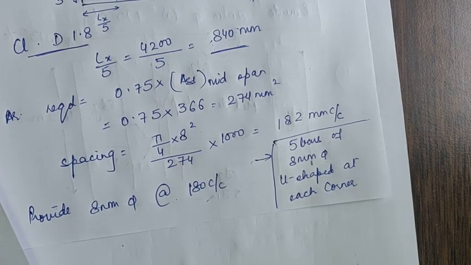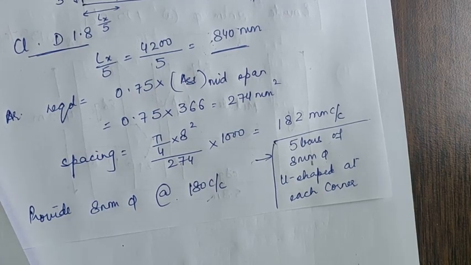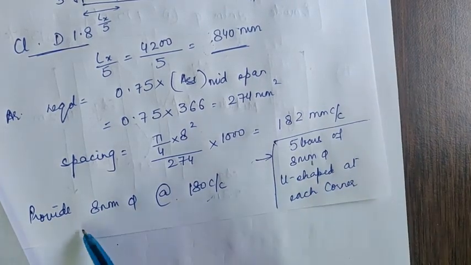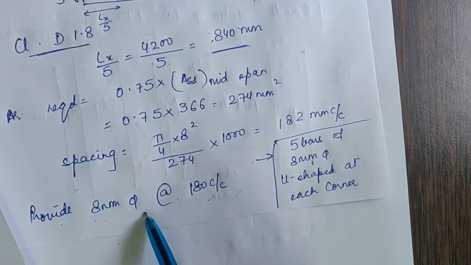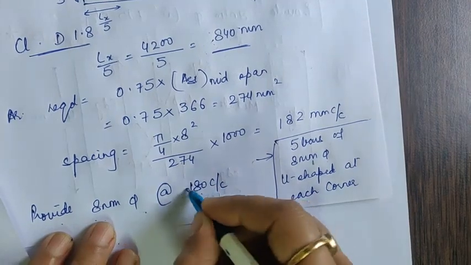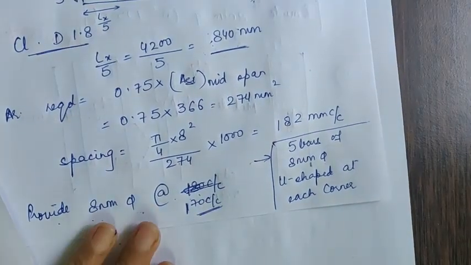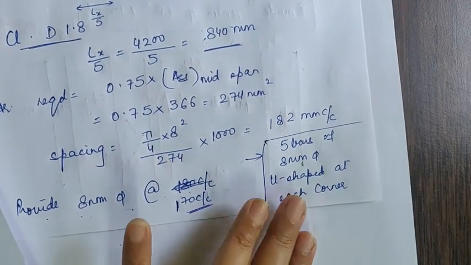So let us say if we are using 175 into 5, it will be 875. If we are using 170, 850. So it means rather than provide 8 mm dia bars at 180 center to center, we can say we are providing at 170 center to center. So we will be going in for 5 bars.